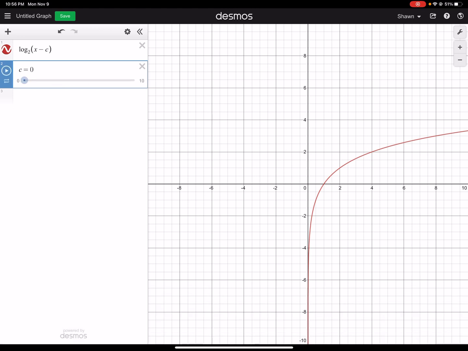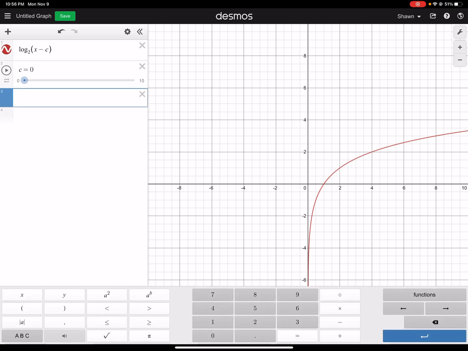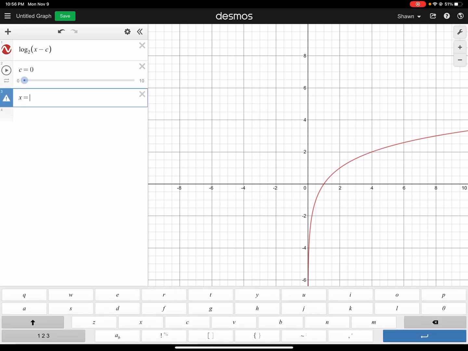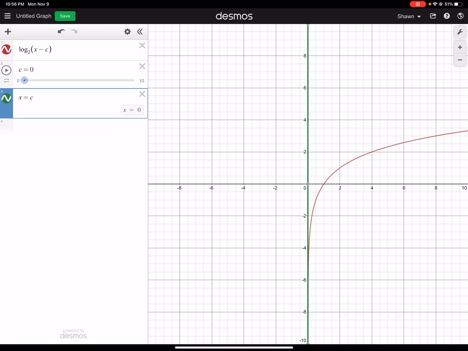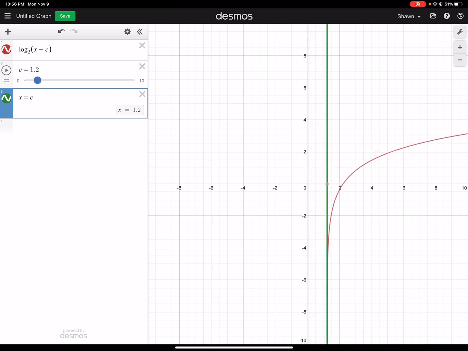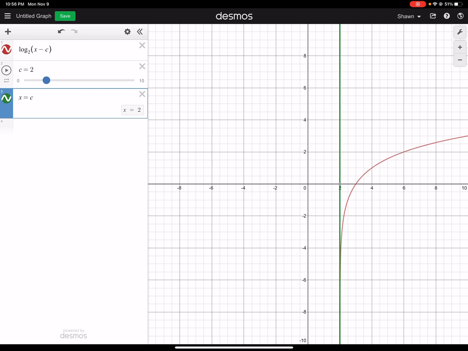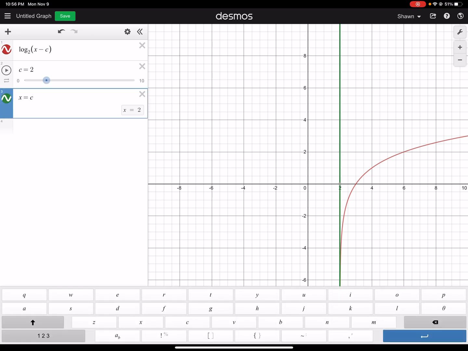Okay. And so, one thing I want you to see is if I let x equal c, right now c is 0, so x is 0, and it is the y-axis. As I grow the value of c, when it's 2, notice the vertical line now, green, is at x equals 2, and that's evidenced by that function right there.